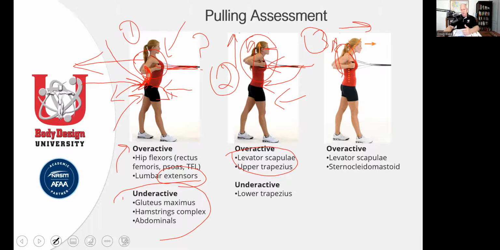And that's what we're dealing with here, is that the overactive muscles are lifting the shoulder girdle, and then the other muscle is pulling the head forward. So the levator scapula is lifting and the sternocleidomastoid is pulling forward this way, not flexing the cervical vertebrae. That's not what the sternocleidomastoid in this case is doing. I hope that makes sense.